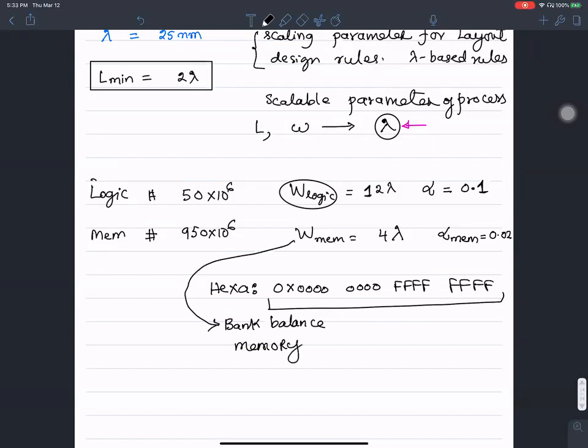And it is logical to understand that the upper 16 bits of the memory, and this is 32 bits wide, do not change frequently.